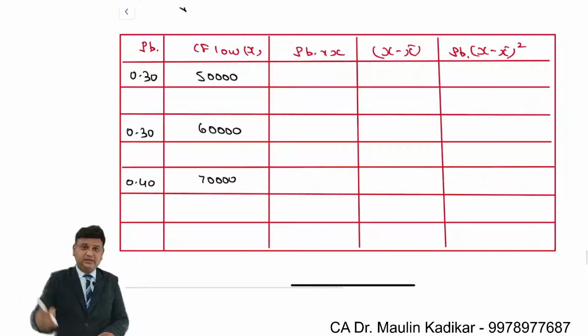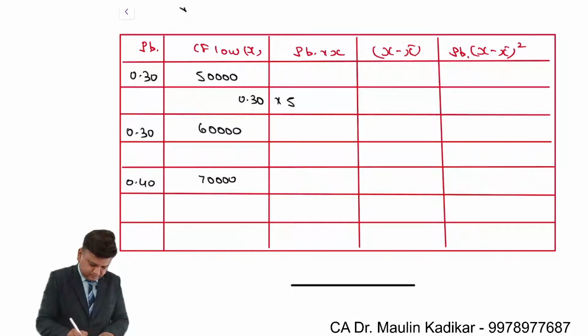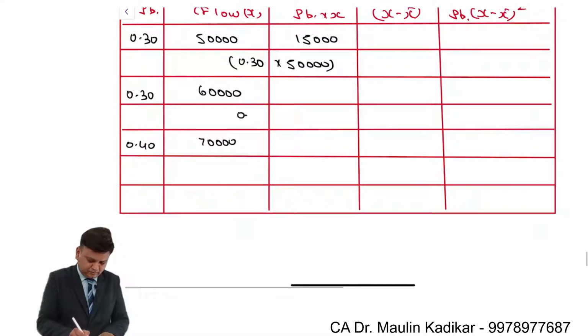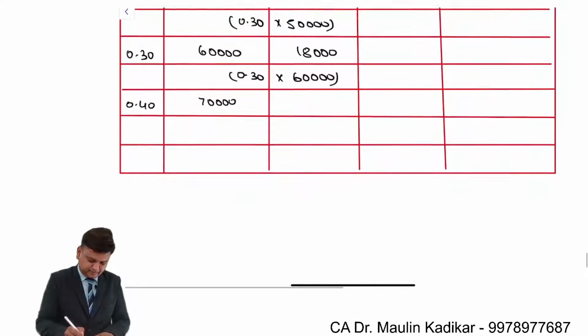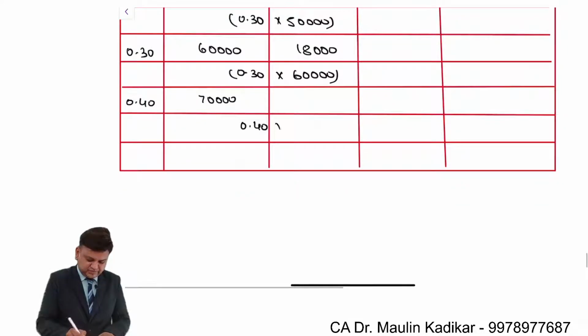So probability 0.3 into 50,000, that comes to 15,000. 0.3 into 60,000, that comes to 18,000. 0.4 into 70,000, that comes to 28,000.